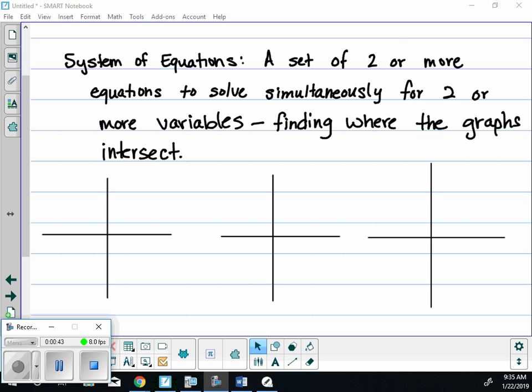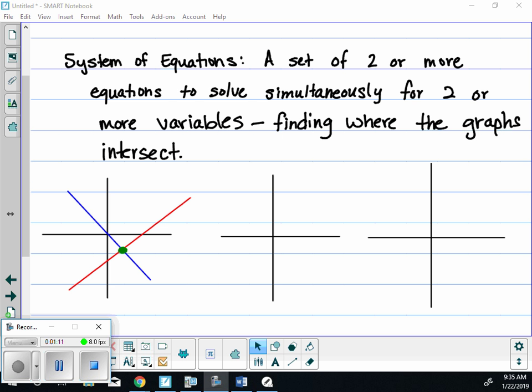So systems of equations in two variables are looking at lines. There are three different options for what our lines can do. We could have two lines that intersect in a single point, and we just have one value for x and one value for y.